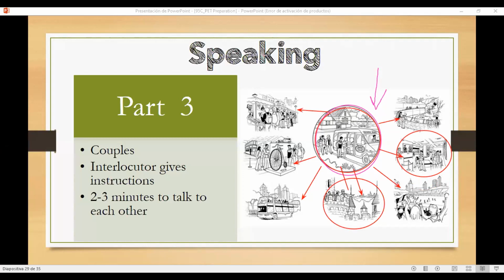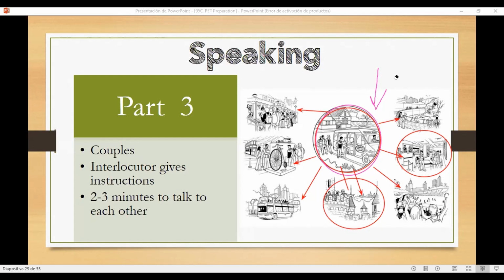What happens, guys, if your classmate, ¿qué pasa si su compañero de speaking se va por la tangente? ¿Sí? What happens if he says, I like to go to the museum? Son casos reales y puede pasar que alguno de sus compañeros diga, sí, a mí me gusta ir al museo, pero la pregunta no es qué le gusta a él, ¿no? Sino tratar de encontrar una solución para la propuesta que nos han hecho.